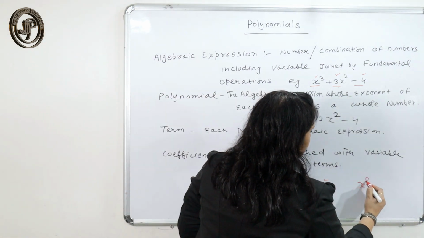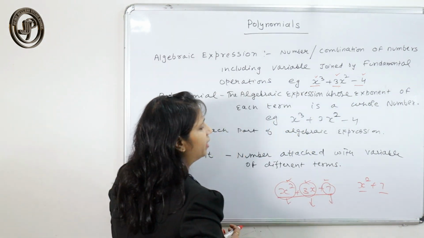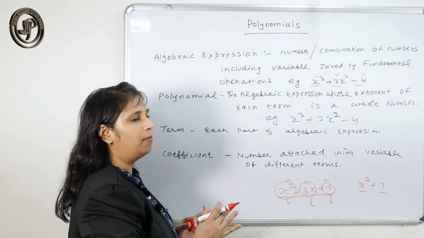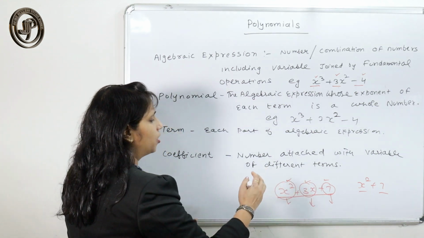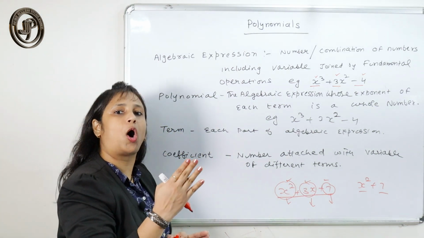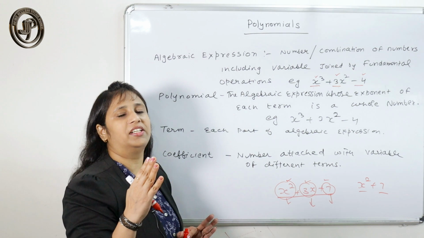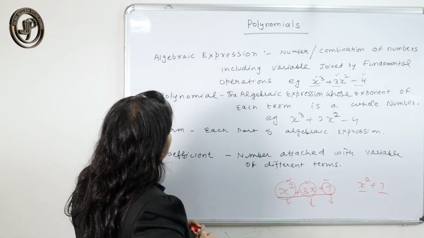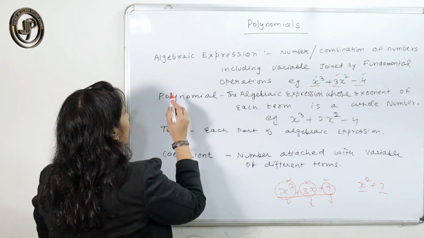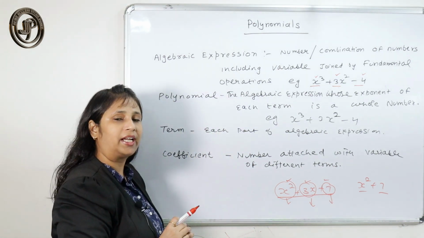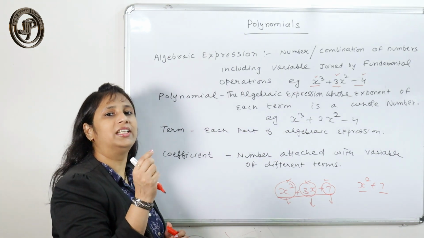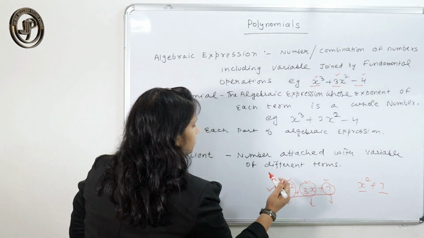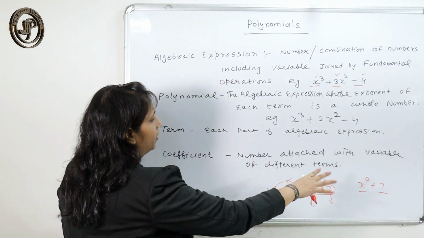If I just write this, this algebraic expression has 2 terms. So an algebraic expression is nothing but variables or numbers joined by the operations plus, minus, multiply, divide. By this definition of algebraic expression, we are able to know the meaning of term.